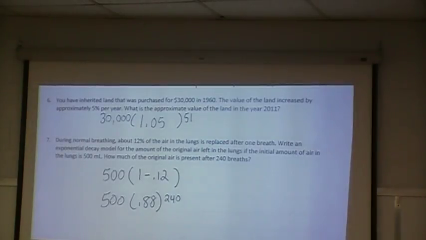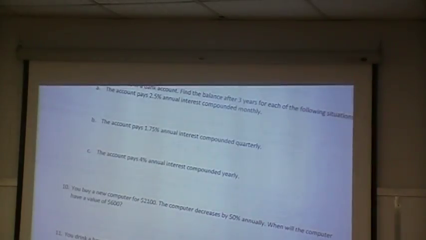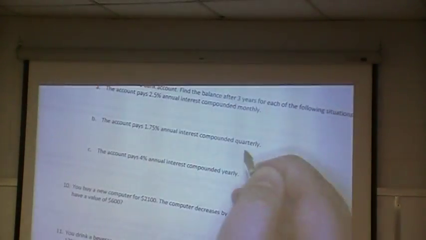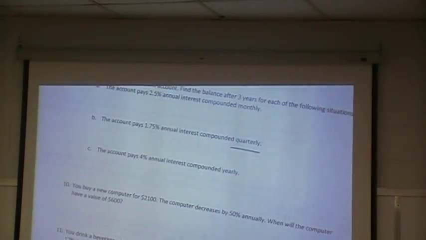All right, here's what you're going to do. You're going to take a calculator in just a moment, and you're going to figure these out. They're set up. Flip over to the back. You're going to do 8, 10, 11, 12. Hold up on 9. I have to talk to you about quarterly and how the bank does that.